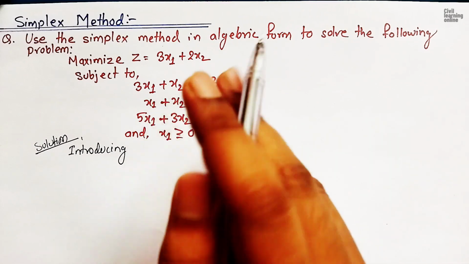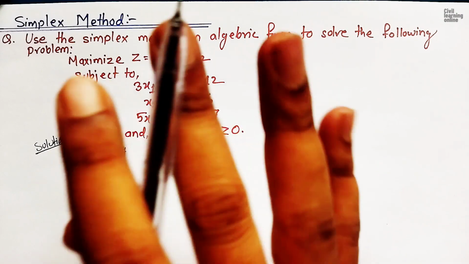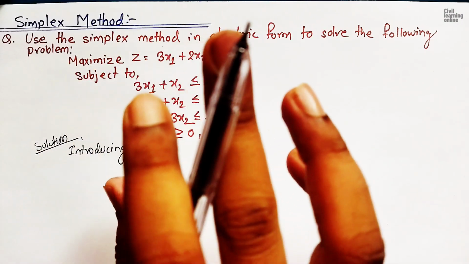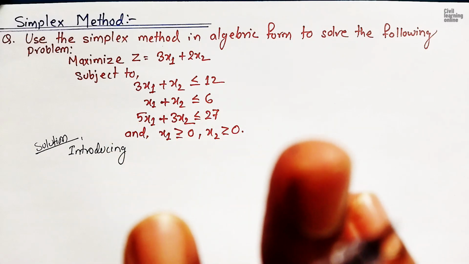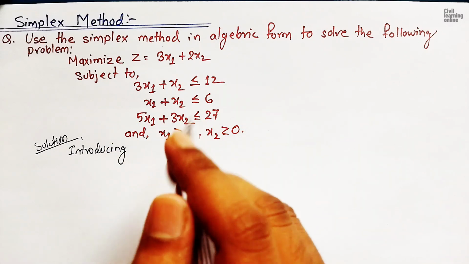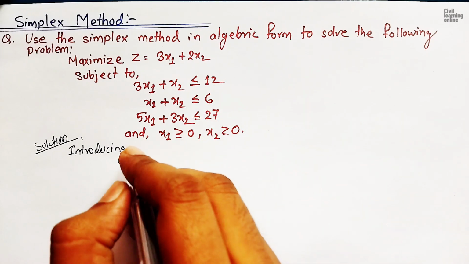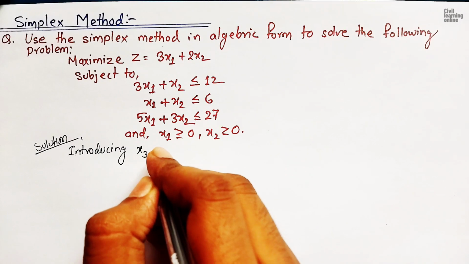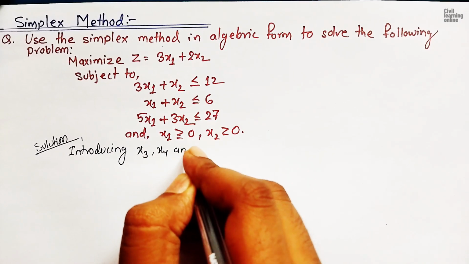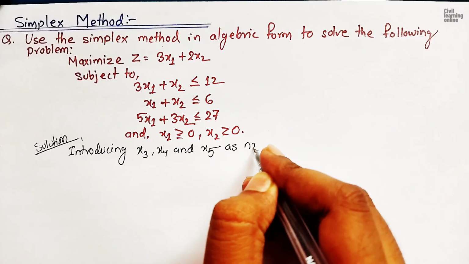Suppose we have x1 and x2, you can take the new ones as x3, x4, x5. We have 3 inequalities excluding the objective function, so we have to take 3 non-negative slack variables. So I'm going to take x3, x4, x5.